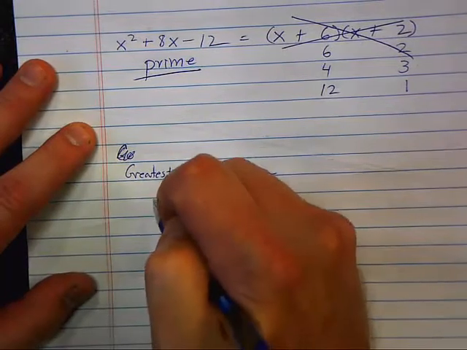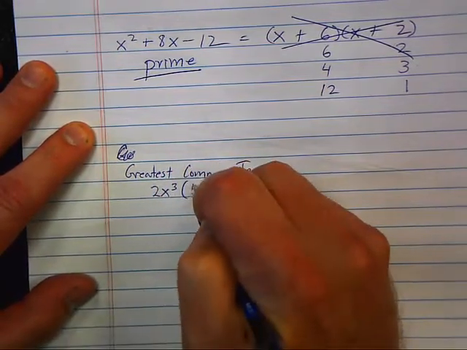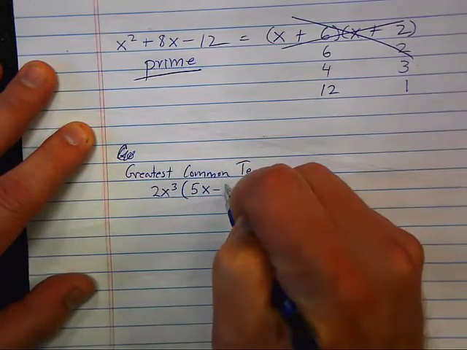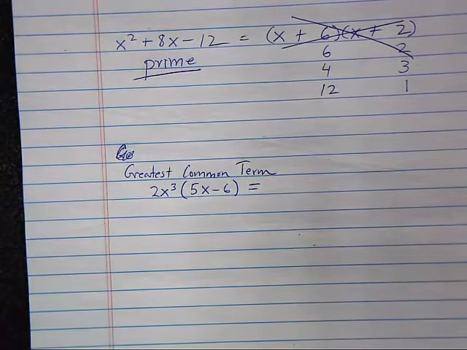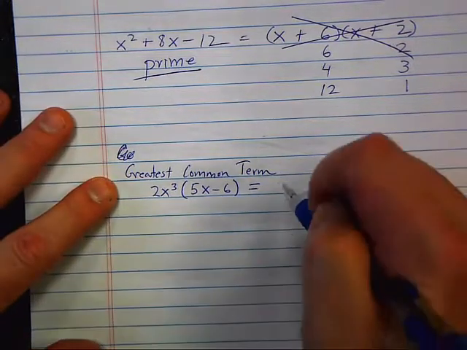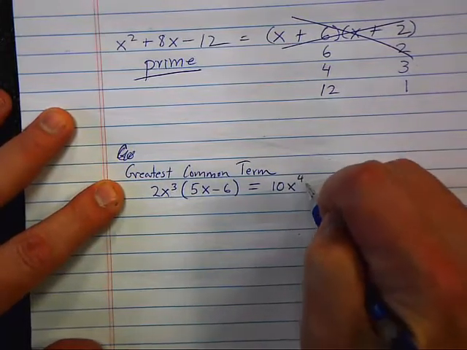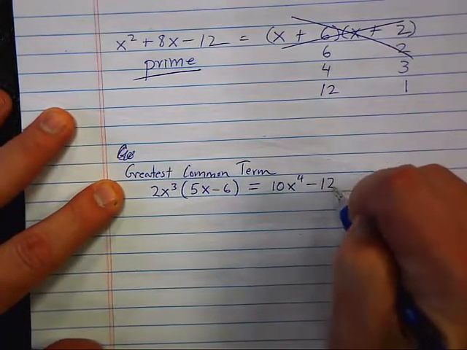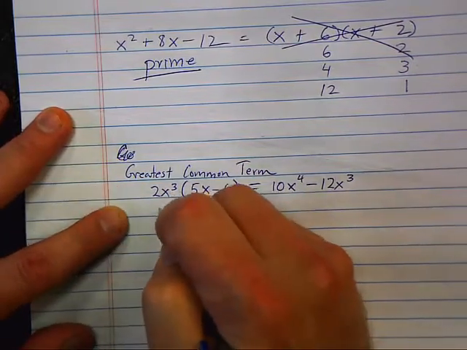The other day, we might have taken something like 2x cubed and multiplied by 5x minus 6. How would you take 2x cubed and multiply by 5x minus 6? Distributive property. So this would be 10x to the 4th minus 12x cubed.